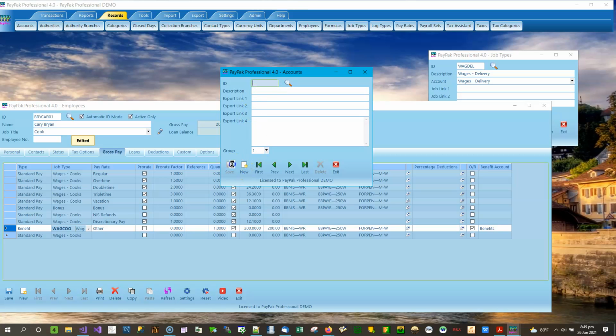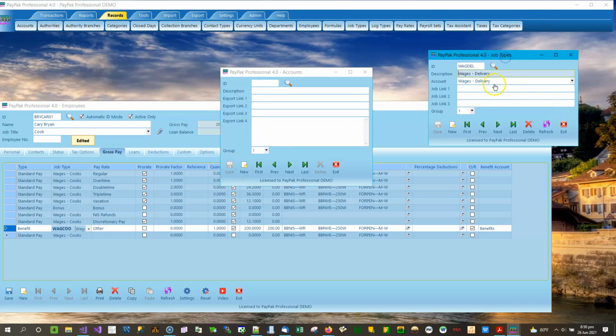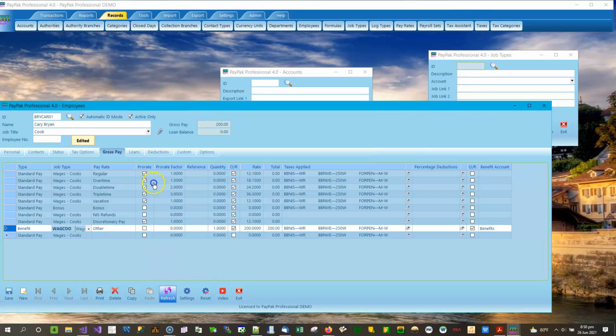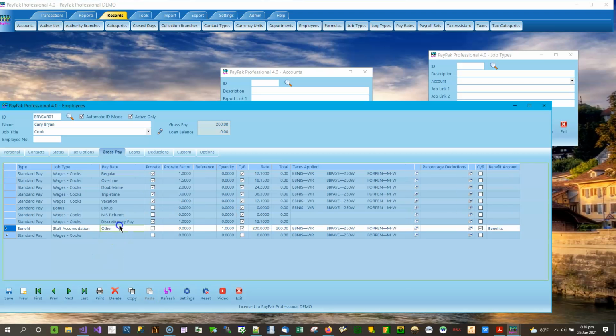We have an account for it. We would also need to have a job type for it. Staff accommodation. And there we go. And we add that. Then you would come here and you put it to the staff accommodation account.